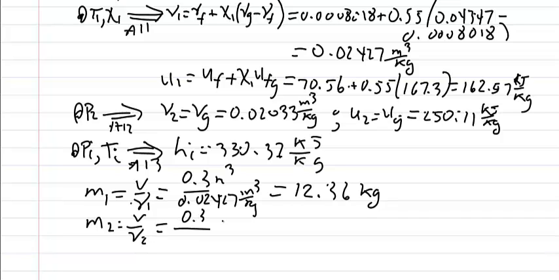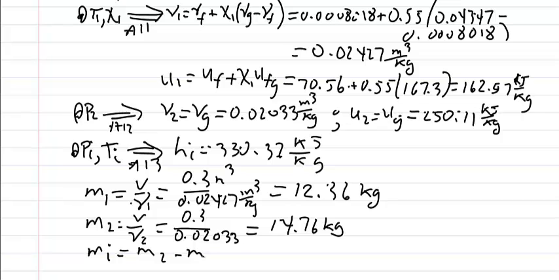So the units are the same. We get 0.3 divided by 0.02033. So the final mass is going to be 14.76 kilograms. And then the mass that flows in has to be the difference between the two masses above. So we just take that difference and we get 2.40 kilograms.